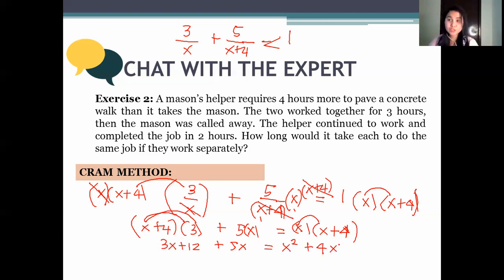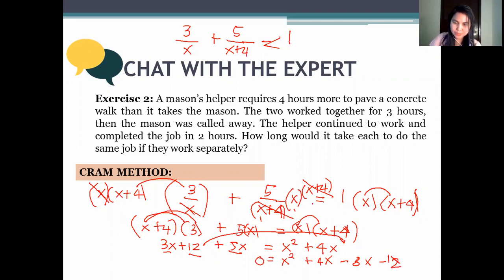Let's transfer all to the right side, okay? 3x plus 5x, that's 8x, right? So once you transfer it, minus 8x. 12, transfer it, becomes negative 12. So, equals 0. So our quadratic equation now is x squared minus 4x minus 12 equals 0.